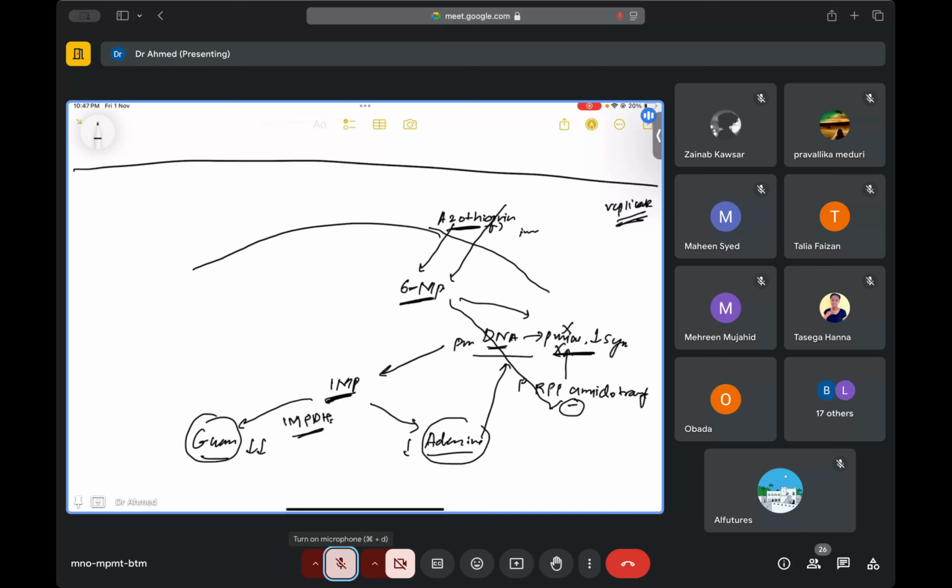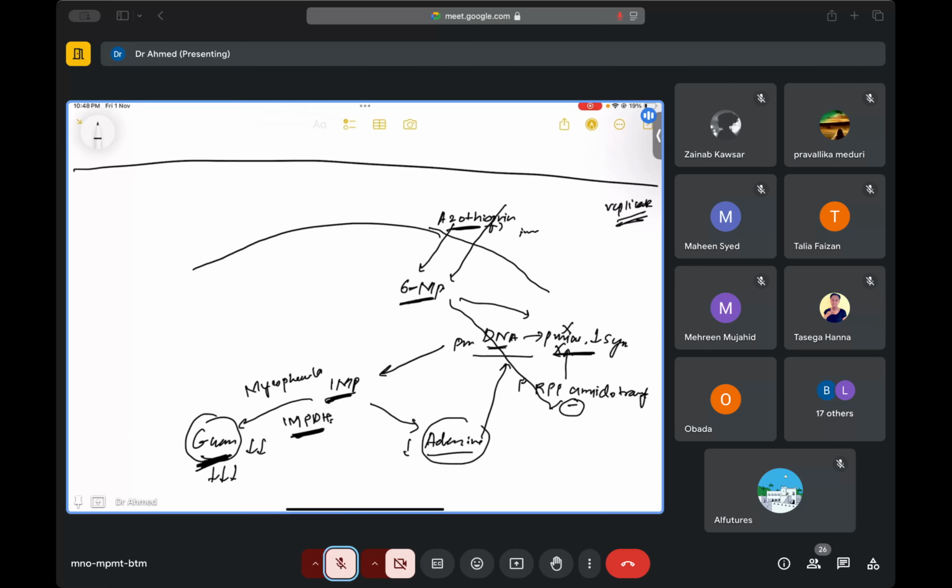It's going to form your guanine, right? So we also have another drug, mycophenolate, and it's going to inhibit this enzyme. If I'm giving mycophenolate, I'll see less guanine being formed, and again less DNA synthesis.